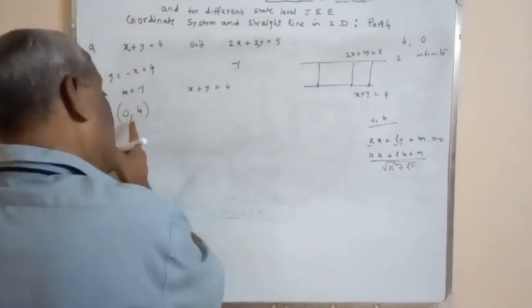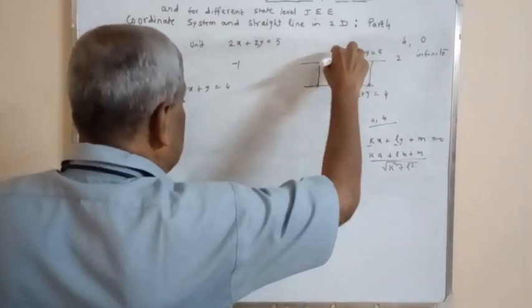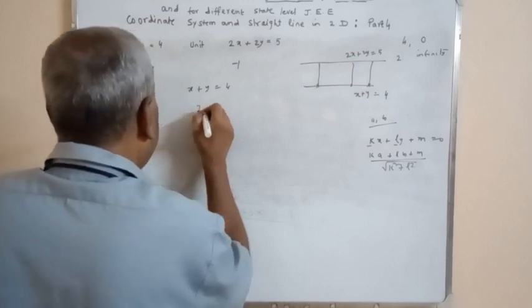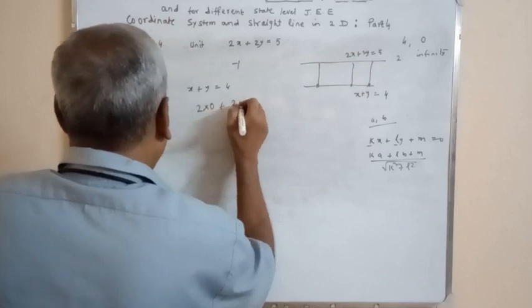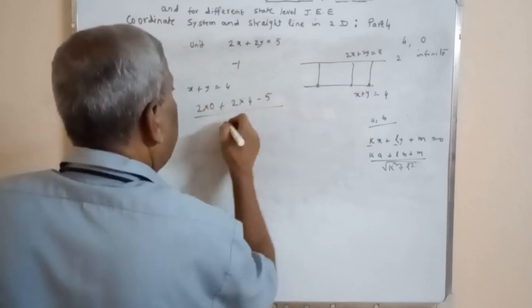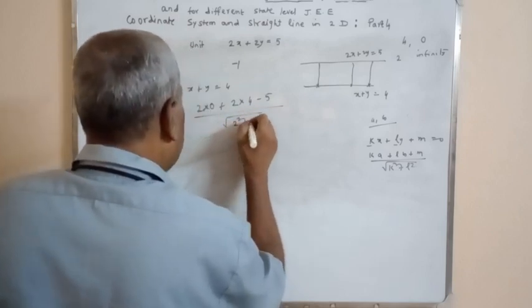Now from that point 0, 4, perpendicular distance on that straight line is 2 into 0 plus 2 into 4 minus 5 divided by root over of 2 square plus 2 square.